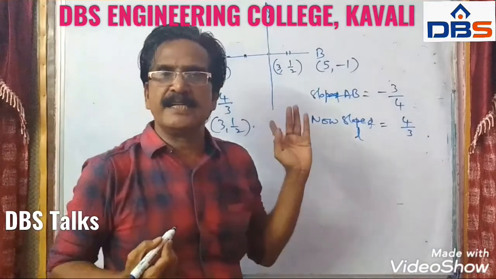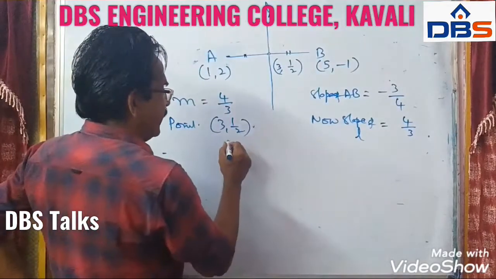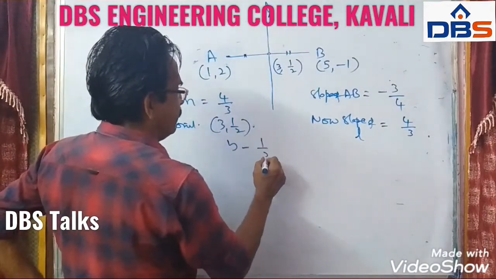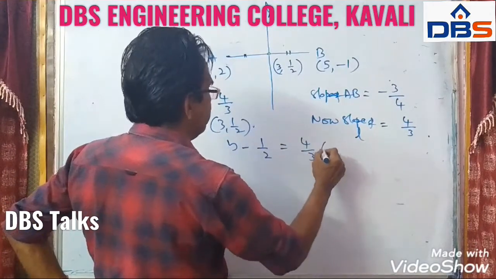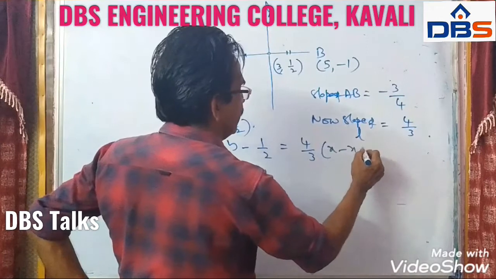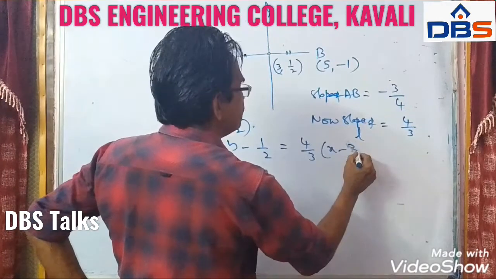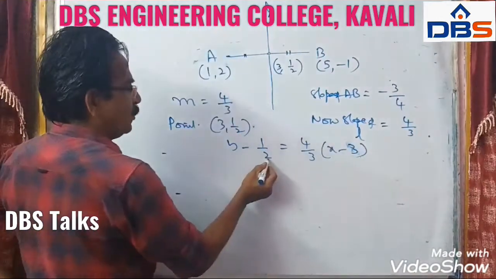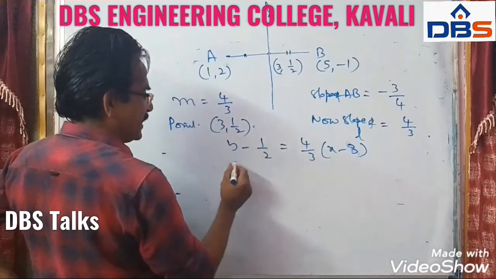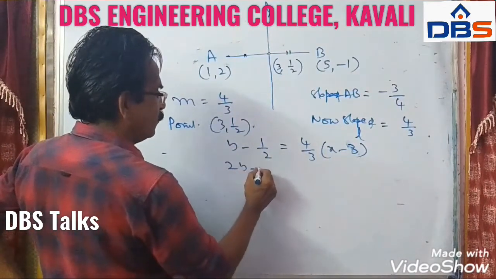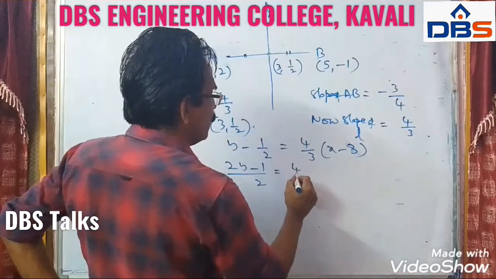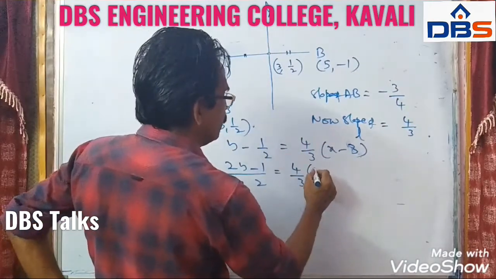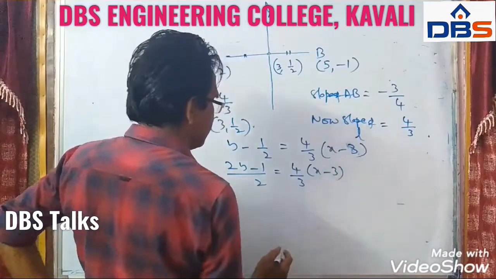Now we can find the equation: y minus y1 is equal to m into x minus x1, where x1 is equal to 3. So y minus 1/2 is equal to 4 by 3 into (x minus 3).